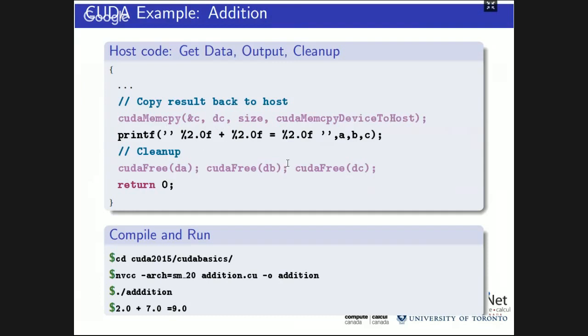At the end, you free all the memory that has been allocated on the device with cudaFree. Then it returns. Compilation is with nvcc, with some flags to take advantage of the architecture. You run addition and you get the result out of the print.